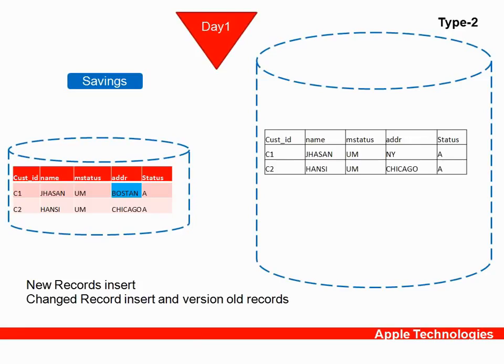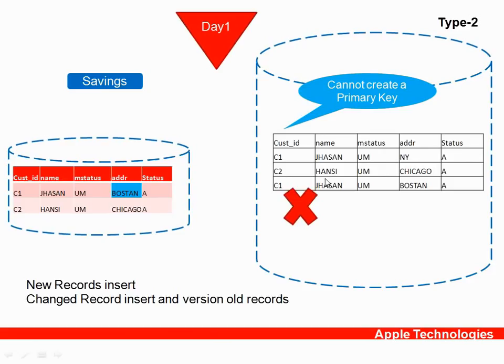But since I want history, that's why I am going with type 2. In type 2, what will we do? The changed record also we will insert. This customer now has a change in the address, so I will take this data and insert it as a new record into this table.